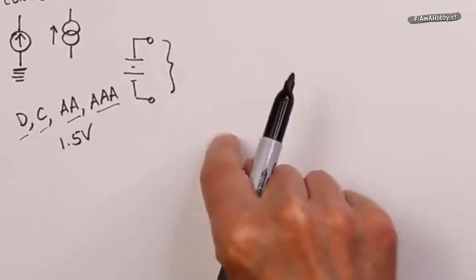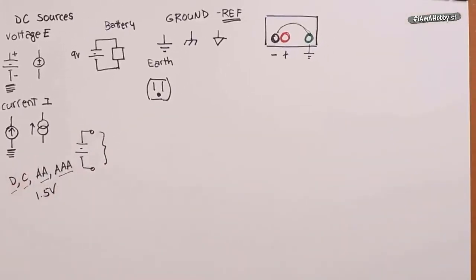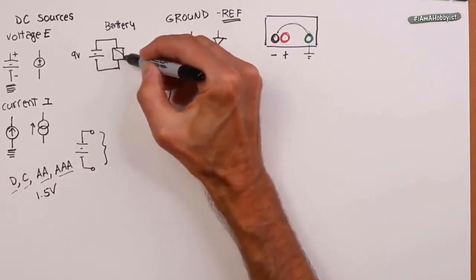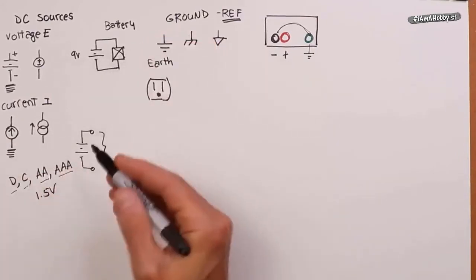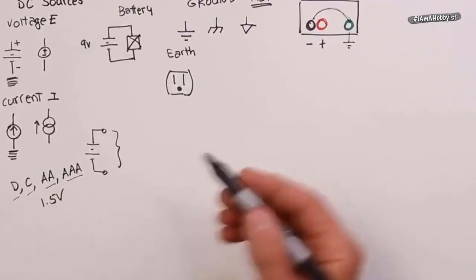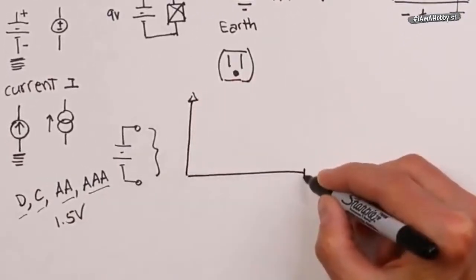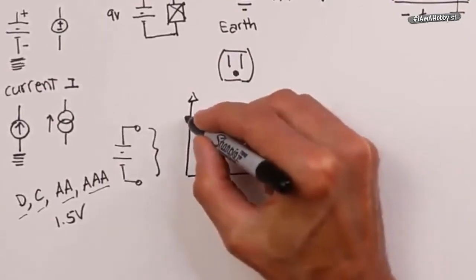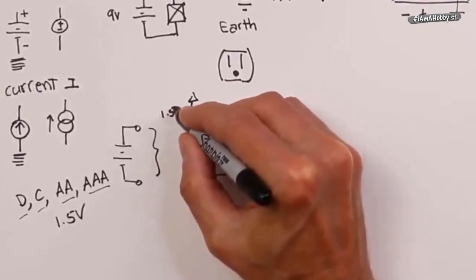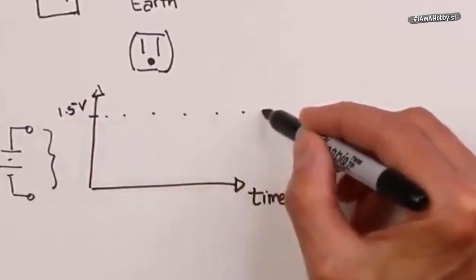Okay. Well, what if you hook up one of these batteries to something, whatever this something is, and we plot what happens to the voltage? Because we know eventually the battery just sort of dies out on us, right? So this is time. What we should get is 1.5 volts. And if this was an ideal battery, this thing would last forever.